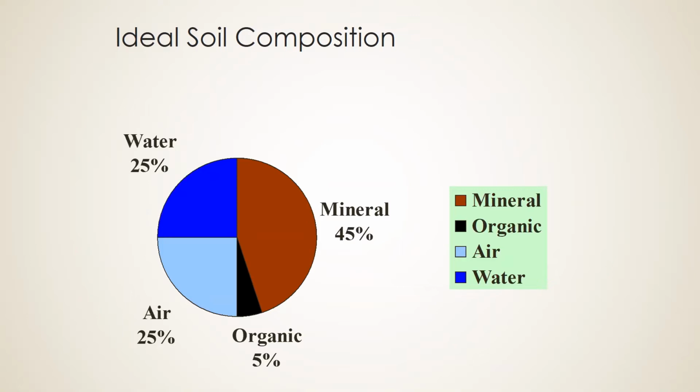Now that would be an ideal soil composition. This is a good balance of pore space and water holding space, with pores for oxygen to move around in, which is necessary for healthy soil function.